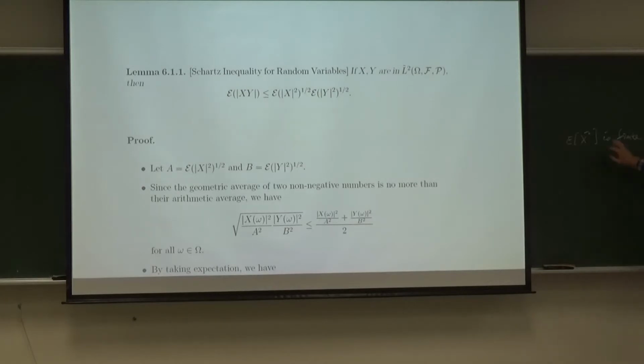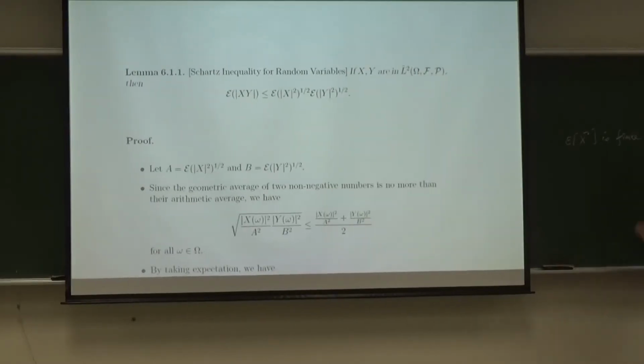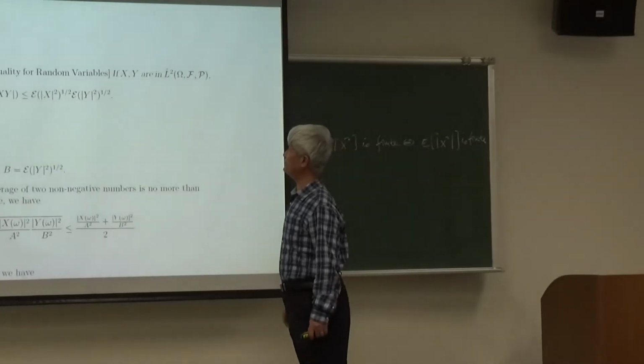So you think of X squared as a single random variable, right? So the expectation of X squared is finite if and only if the absolute value of X squared has finite expectation. Therefore, we know that from chapter 1.